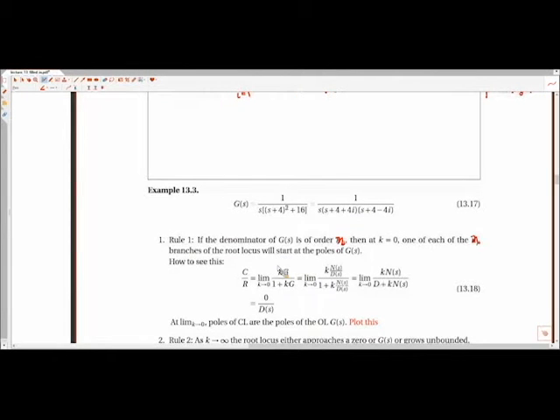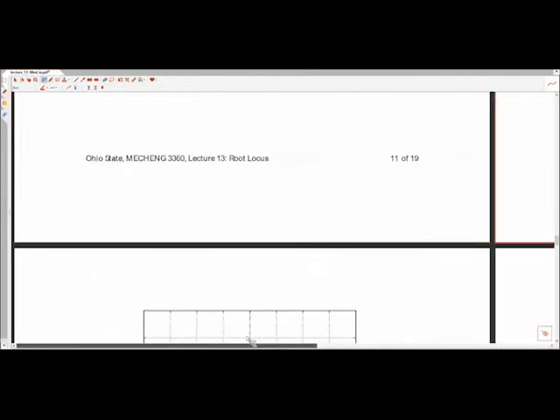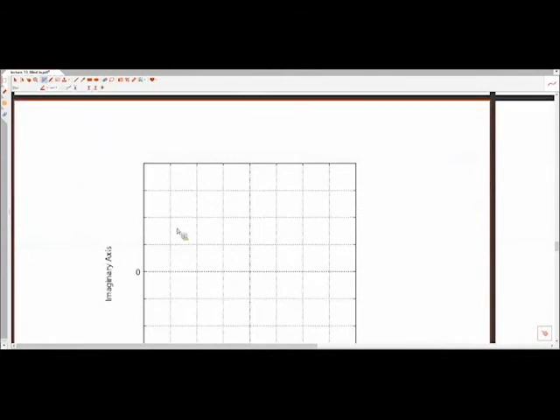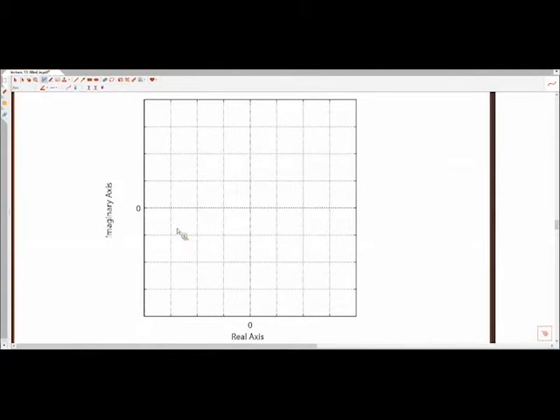Okay, so what that means, and I'll have to be jumping back and forth a little bit to this plot that we're going to draw this on. A blank root locus plot is just the complex plane, nothing fancier than that, with an appropriate coordinate system.